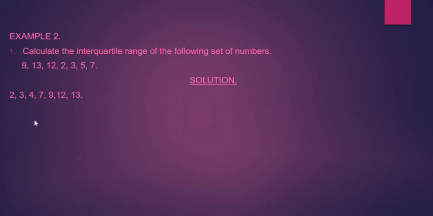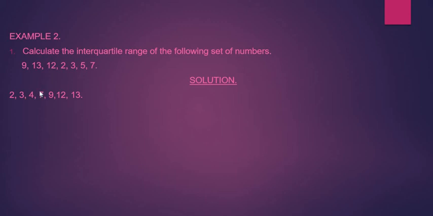And again, we are going to find the median of this set of numbers. Since the numbers are not large, we are going to use the old method that we have been using from JHS, I believe. So we are not going to use any formula over here, but quickly you can see that our median is 7.